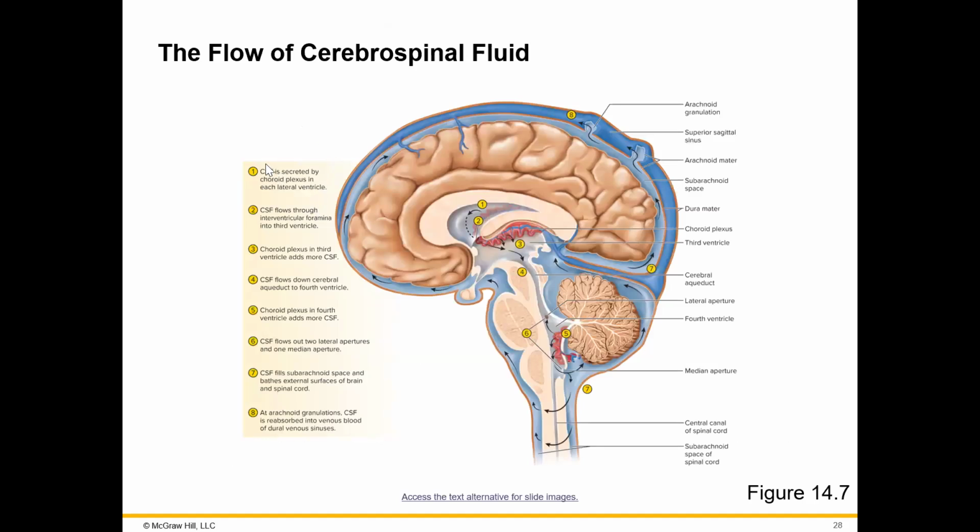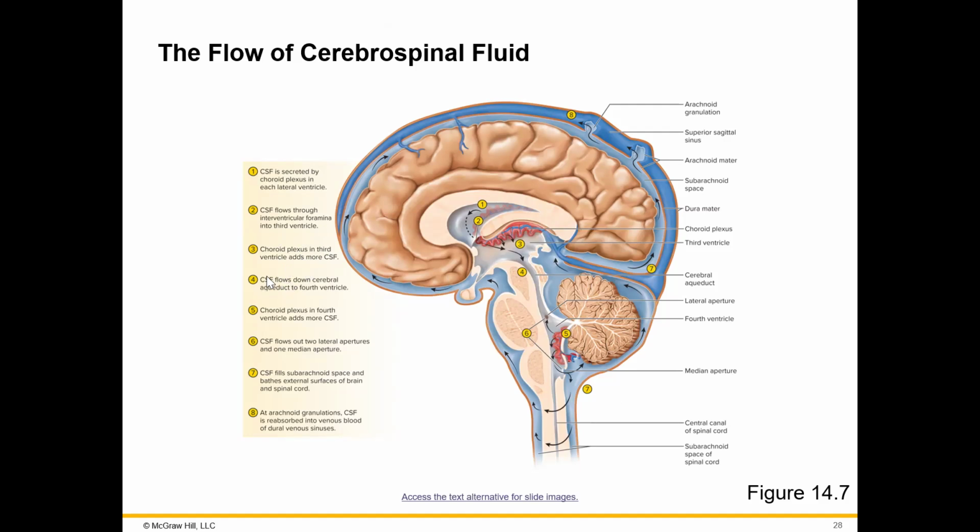So you have cerebrospinal fluid secreted by the choroid plexus in each lateral ventricle. These are my two lateral ventricles. Then the cerebrospinal fluid flows through the interventricular foramina into the third ventricle. Then the choroid plexus in the third ventricle would add more cerebrospinal fluid.